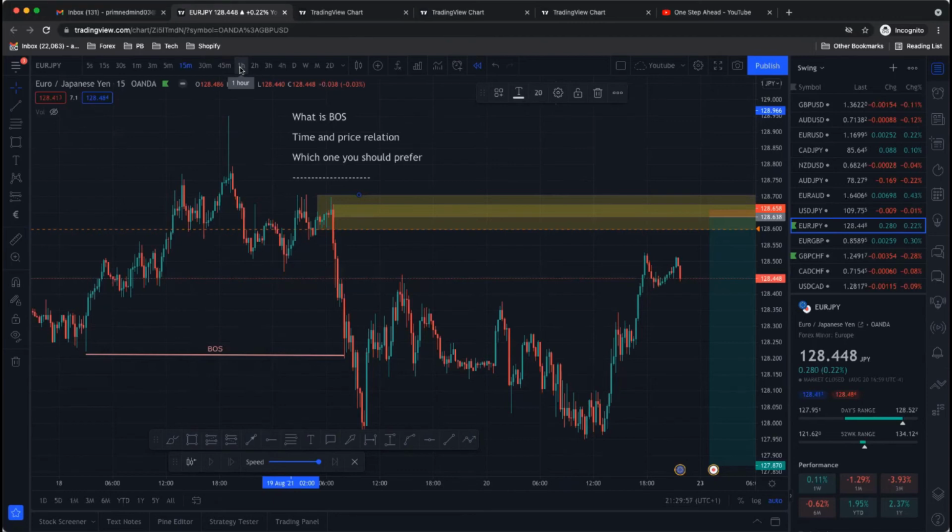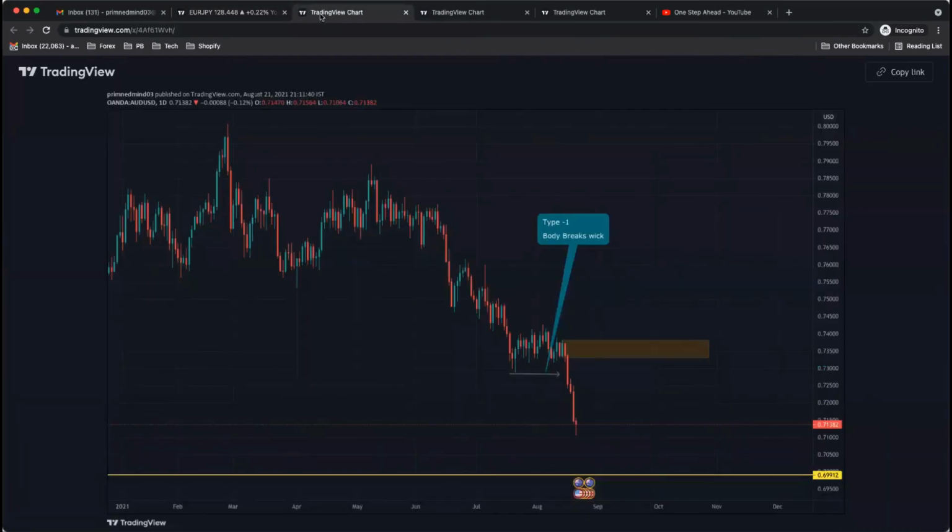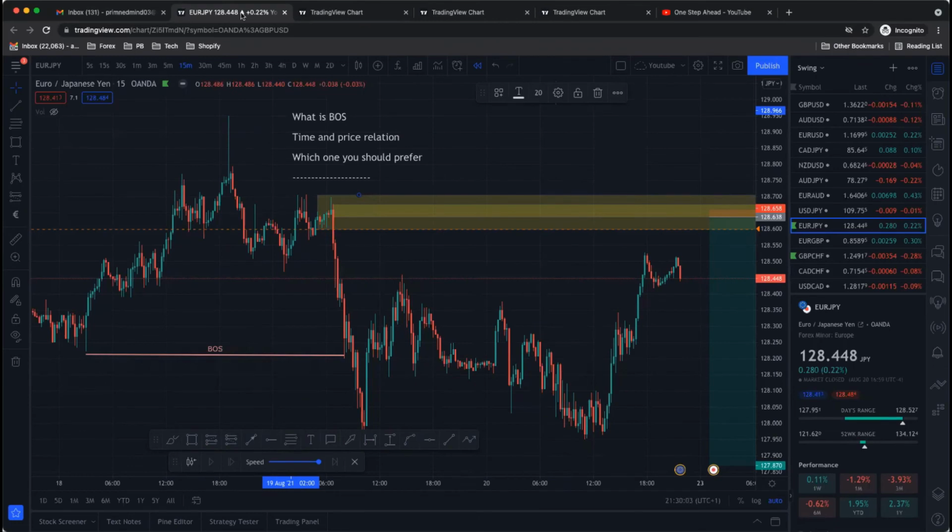I prefer the first type, a wick broken by body BOS, because I use these time frames and I generally do not shift too often, like 10 minutes or 20 minutes, just to see around which time frame the picture is clearer. But there is no magical time frame.